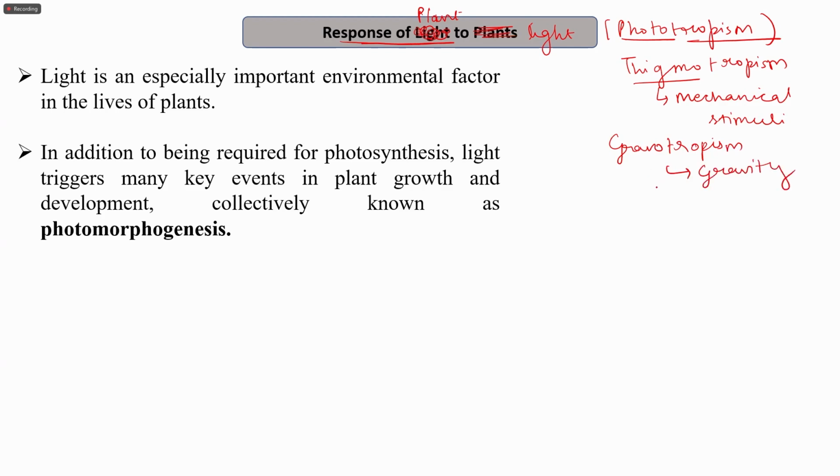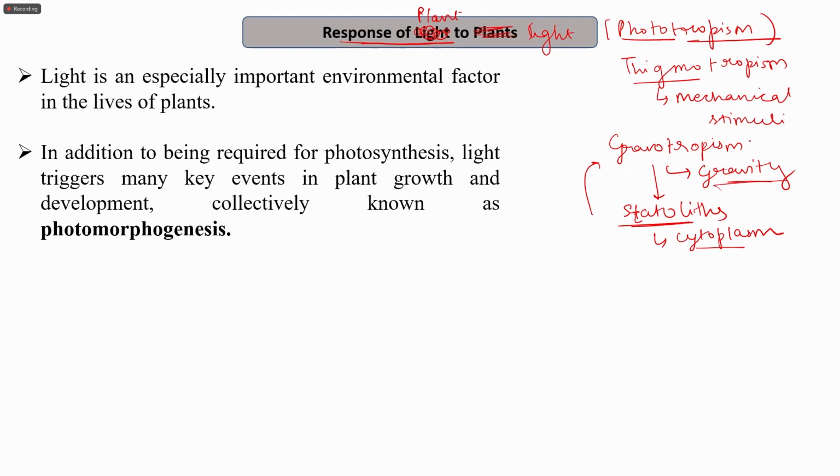This is mainly caused due to the presence of statoliths, which are granule-like structures present in the cytoplasm and responsible for gravitropism, the effect of gravity.